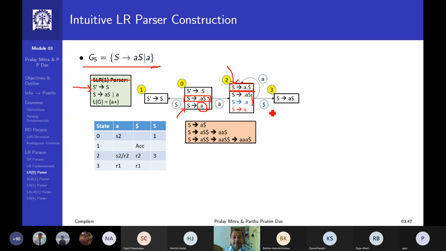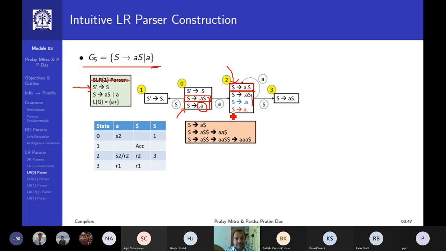Now when I see A, then the confusion will arise. What is the confusion? For state 2, you look at the second and third items. Both say that if I see A, then I will shift and the dot will be placed on the right-hand side of A. Correct?